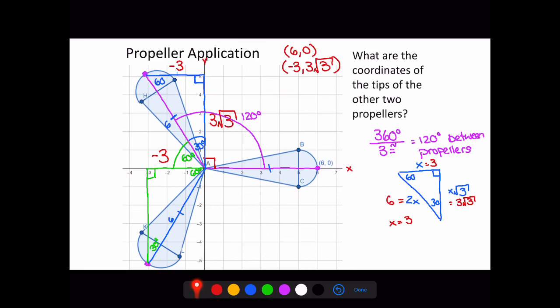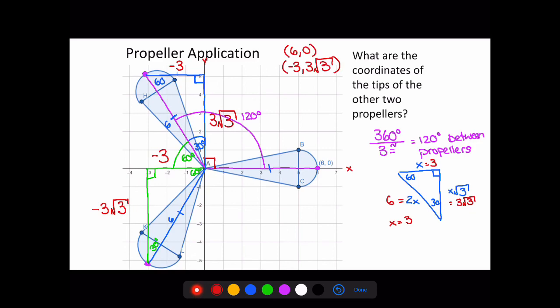As for the side opposite 60 degrees, well, this is just reflected over, right? The side opposite 60 degrees is going to be 3 radical 3 once again. So this side length is also negative 3 radical 3. The reason it's negative is because we're going downward in a negative direction.